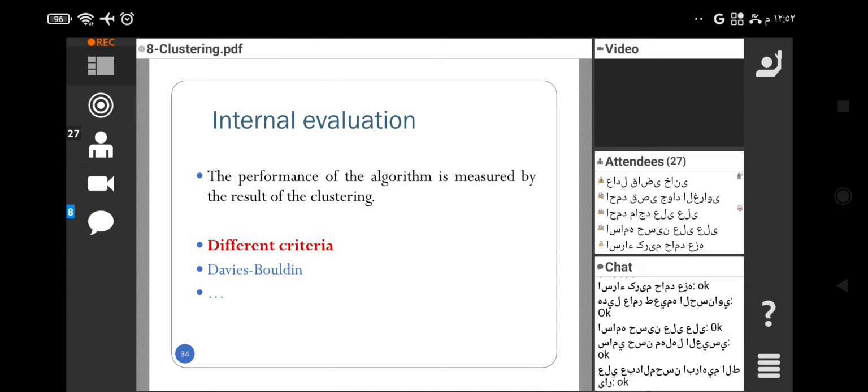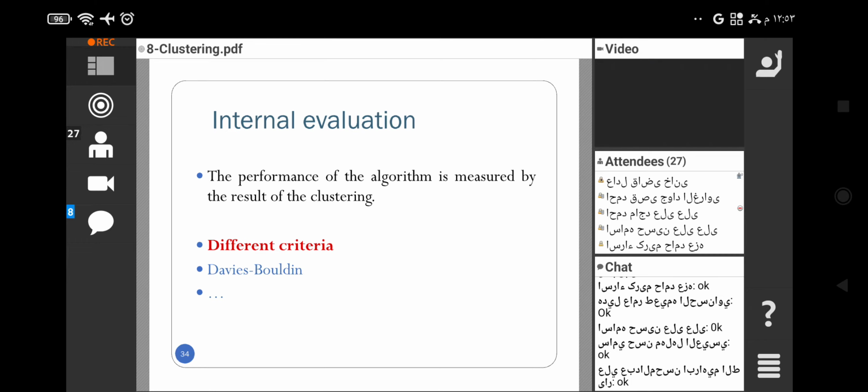If we have a clustering algorithm, this algorithm has a result. What does the result say? It says, for example, this data is in cluster 1, this data is in cluster 2. It says which data is in which cluster. That is the result of the clustering. We use that result to evaluate the clustering algorithm.